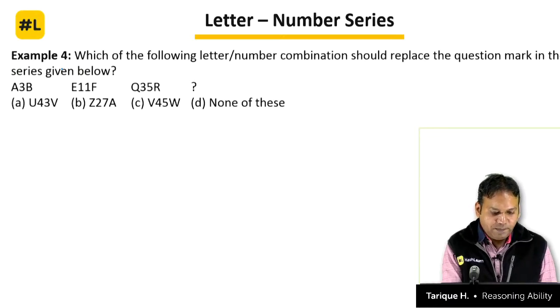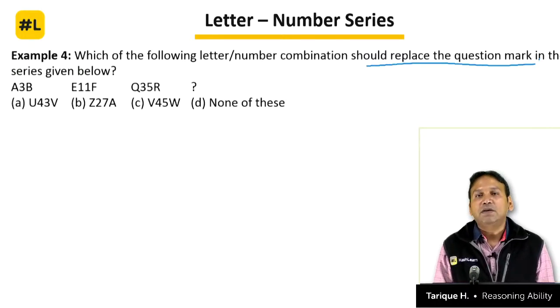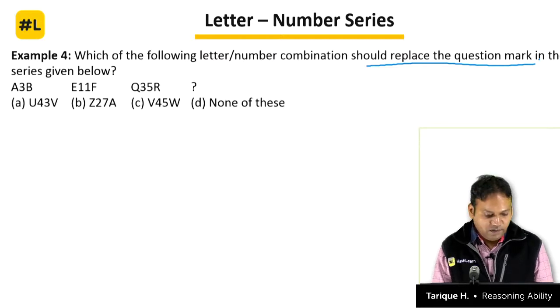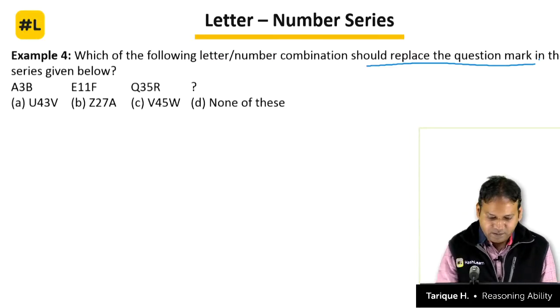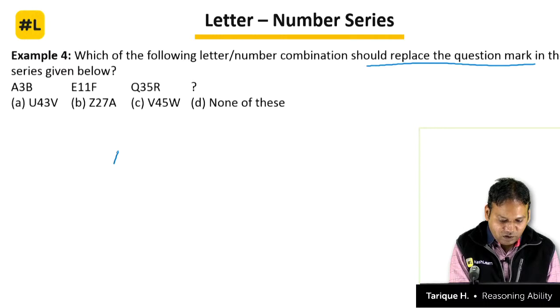So here we have A3B. We have to find out the next combination which should come in place of the question mark. This is more like a series question itself. So we have the first combination here A3B, then followed by E11F.